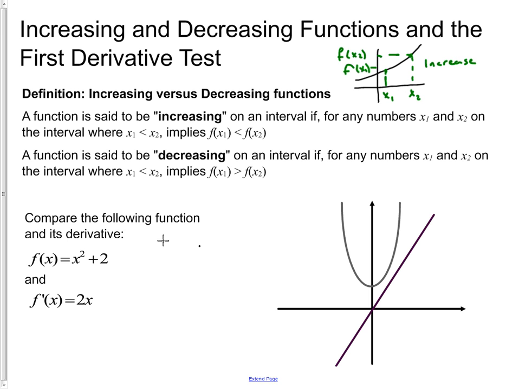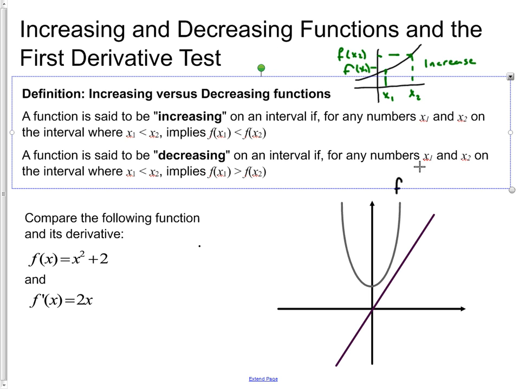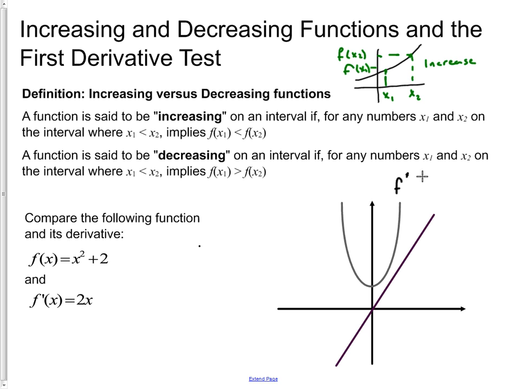Alright, so let's compare these two functions and just identify what this means. First of all, our function f of x equals x squared plus 2. I have that right here in gray.